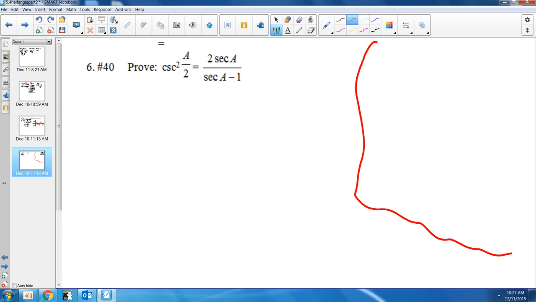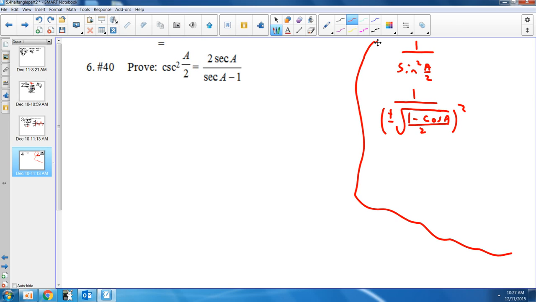And if I expand that left side, I'm going to say it's going to be equal to 1 over the sine squared a over 2. And therefore, I can expand that to 1 over plus or minus the square root of 1 minus cosine a over 2, quantity squared.